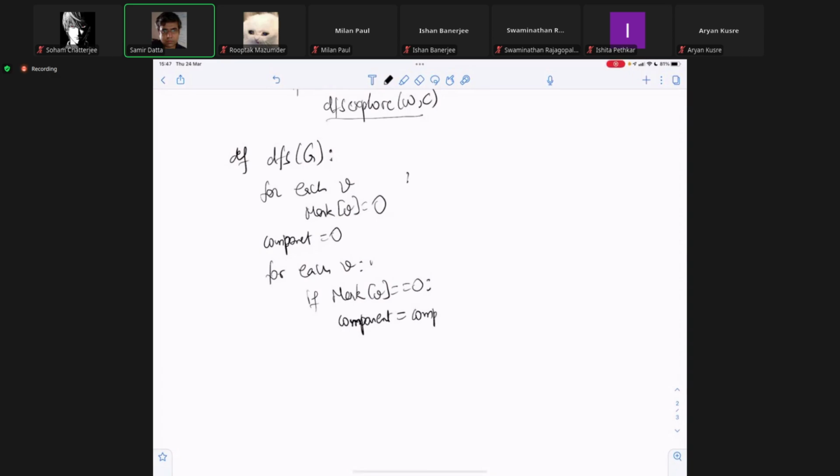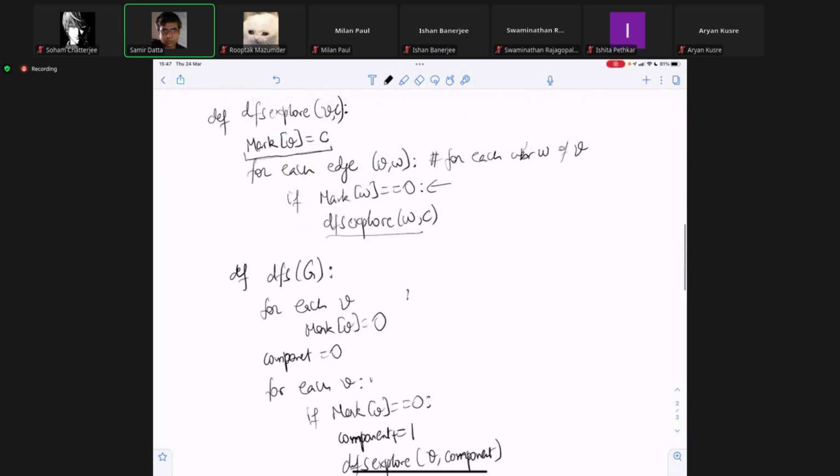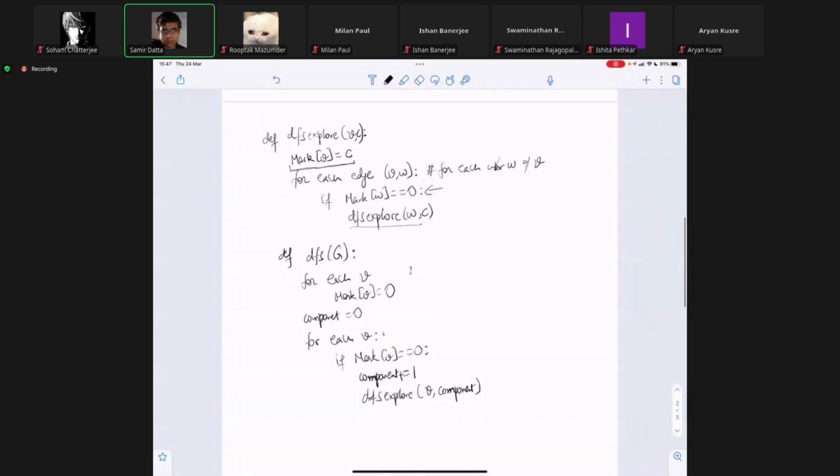So you increment your component, component plus equal to 1, and you then call DFS explore V comma component. So everything in the same component will be marked with this value component, which is initially 1 after the first unmarked vertex is discovered. And then you go to another component and so on, correct? So is the procedure clear? These two things? Yes, sir.